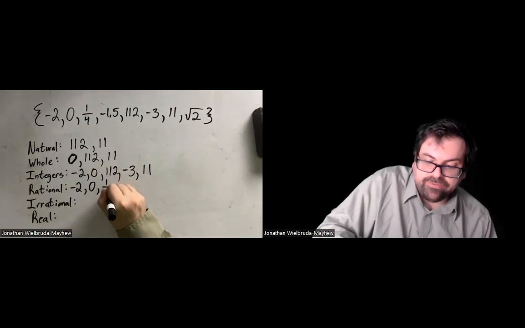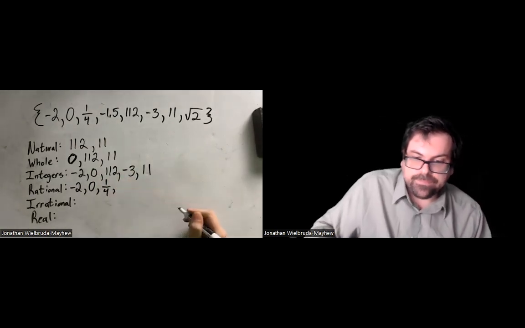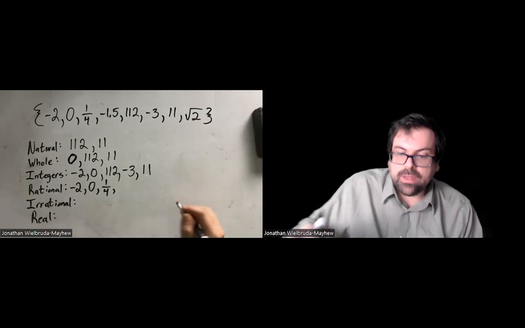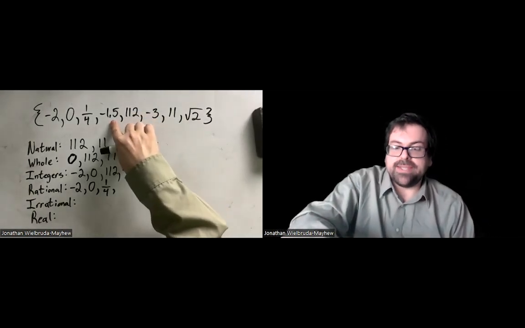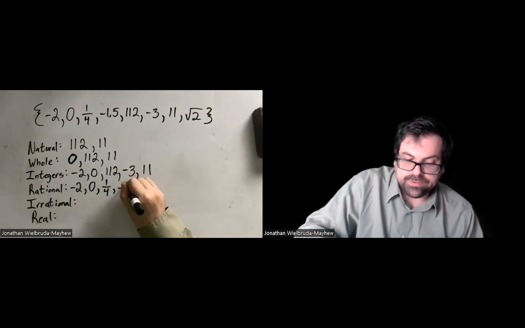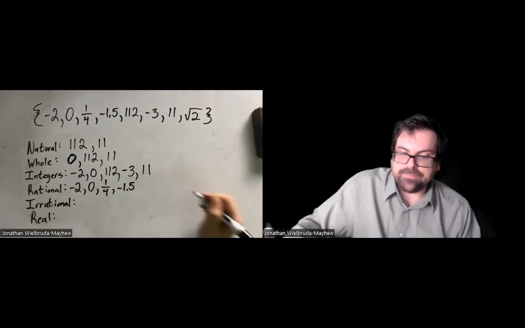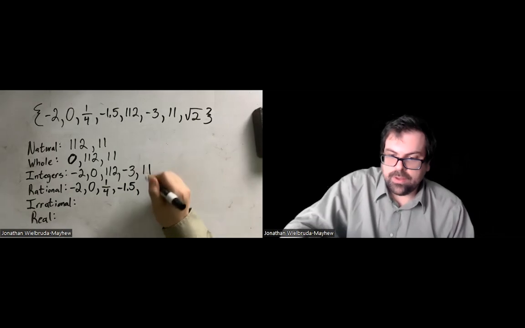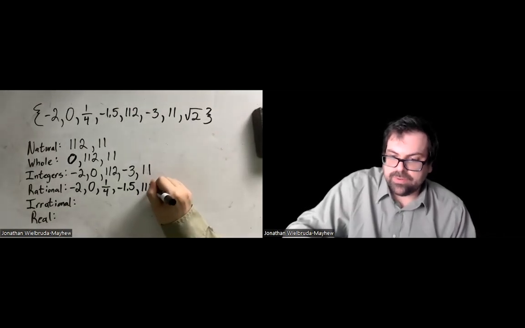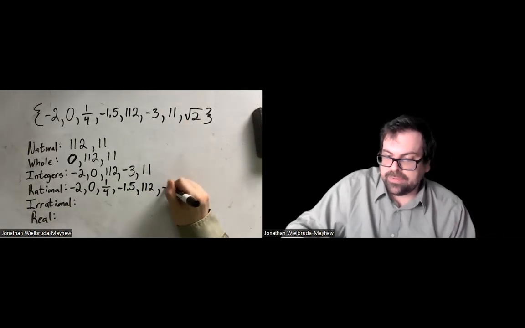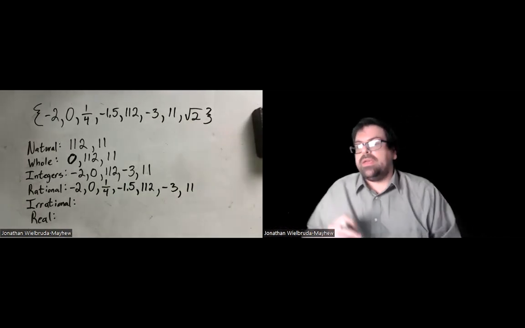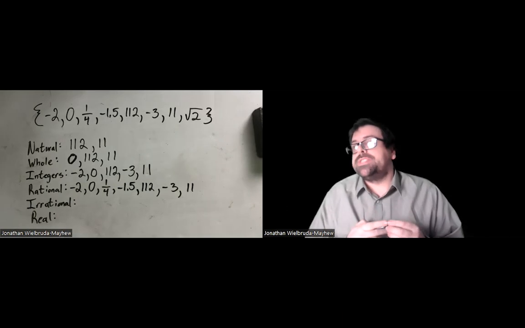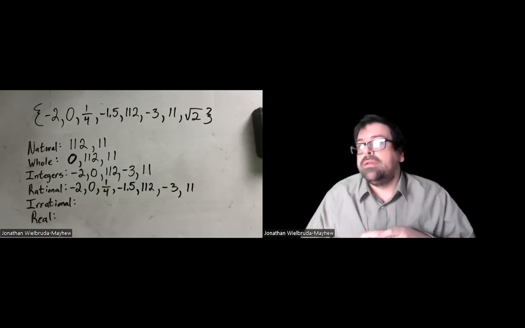New entry, 1/4. -1.5 can be written as a fraction because it is a terminating decimal. So it is rational. 112. -3. 11.